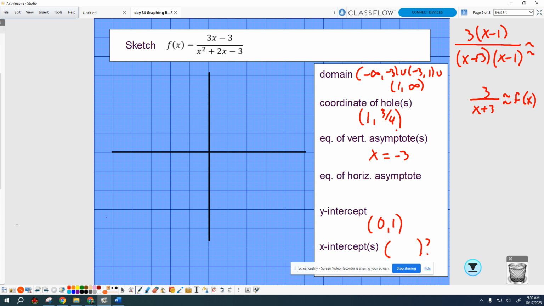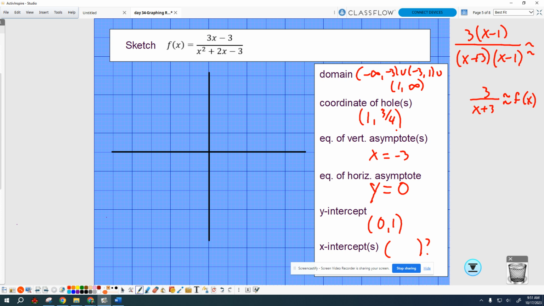Undefined, 0. Well, class is torn. Two say it's undefined and two say it's y equals 0. Serene, what is it? y equals 0.